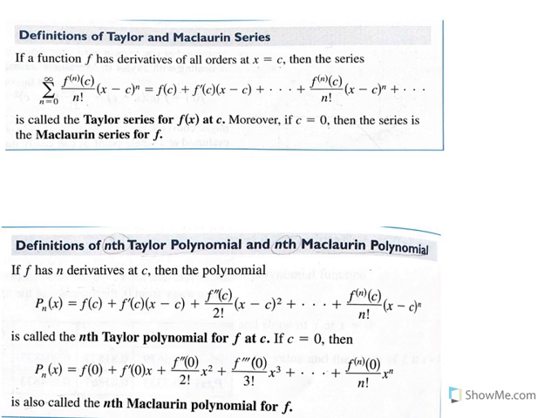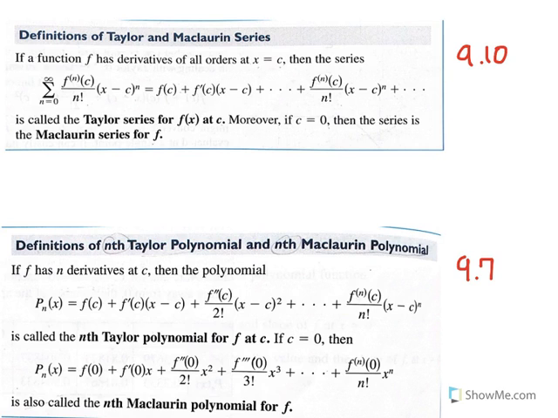So we look at the definitions of Taylor and Maclaurin series, and for reference, I want you to remember what we did in section 9.7. In section 9.7, we studied Taylor polynomials and Maclaurin polynomials, and in section 9.10, we're looking at Taylor and Maclaurin series.